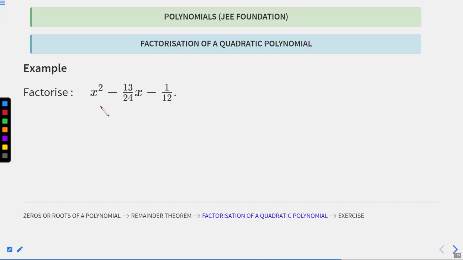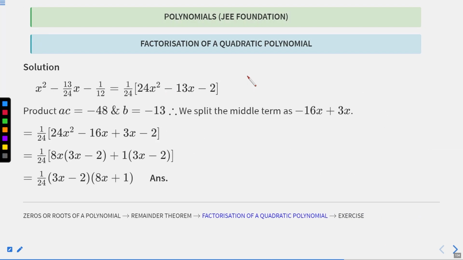So here, what we will do, just now we will do the splitting part for this coefficient. So what is the product for this? The product for this is minus 1 by 12, if you see, or just 1 by 12.